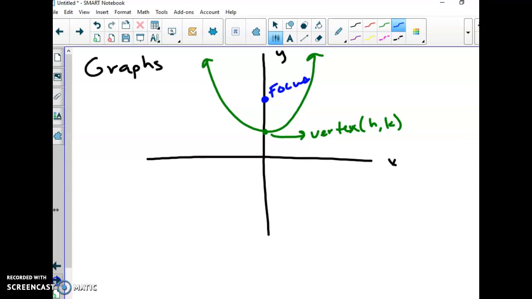But a focus is a good thing to mention. Now, the distance from the focus to the vertex is the same distance from the vertex to our line that's called the directrix.